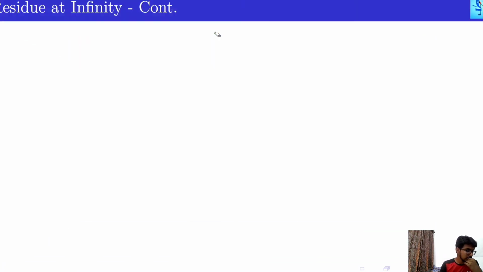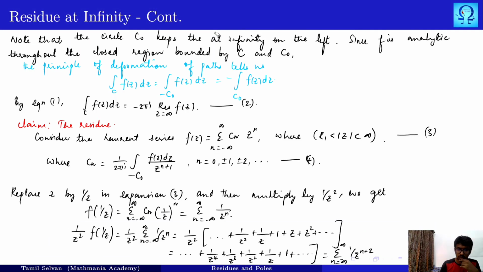Just a minute, am I doing it right? No, I just made a mistake. Here we'll have Cn, right? So C minus 2, C minus 1, C naught, C1, C2.